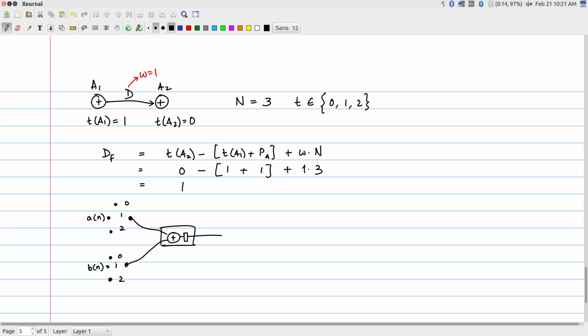Okay, and what about T of A2? It is 0, right? So in other words, the A2 operation is going to happen during phase 0. C of n can be applied over here, and this output can be fed in, but there is a df equal to 1.